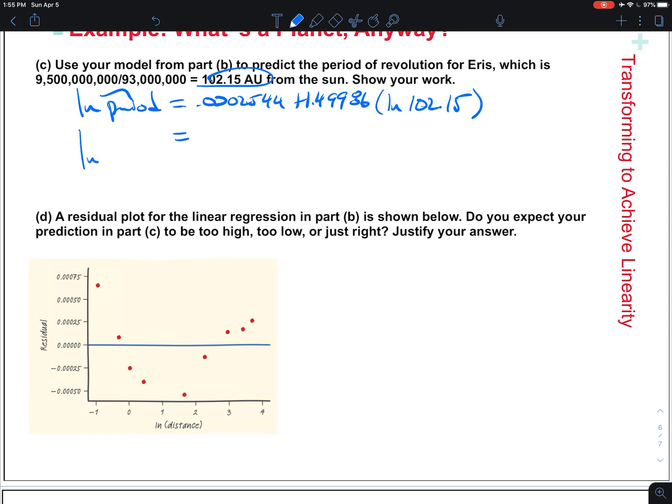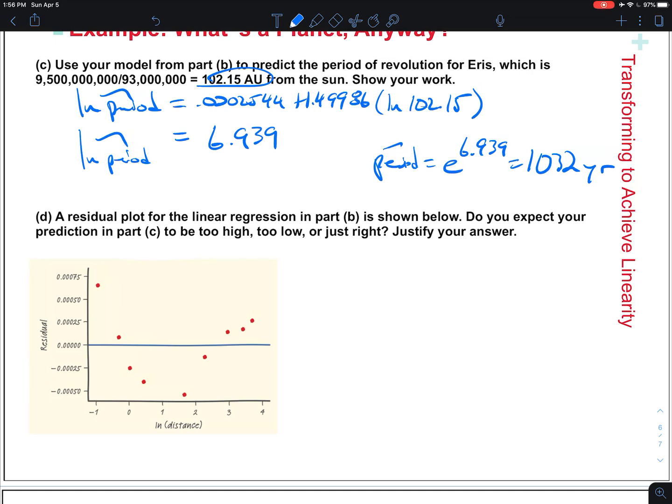We work that out, and we get the natural log of the period hat equals 6.939. And again, to get period hat, it equals e to the 6.939, because it's the natural log of the period. So to the nearest year, we'll say 1,032 years.